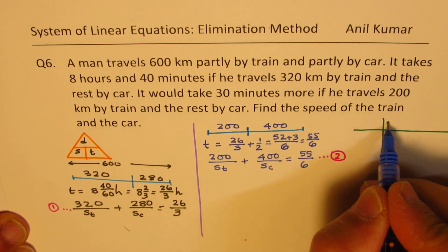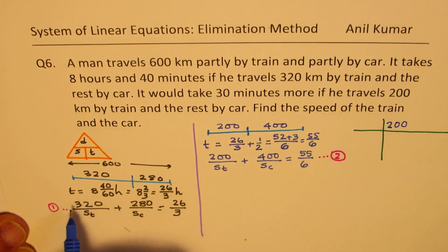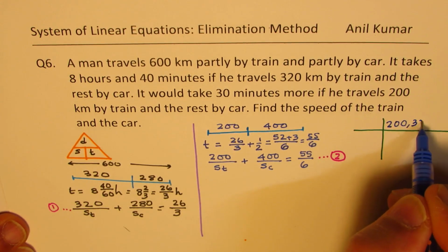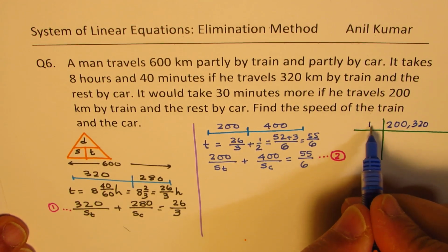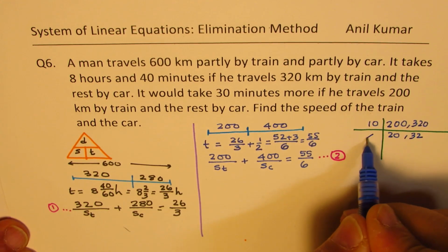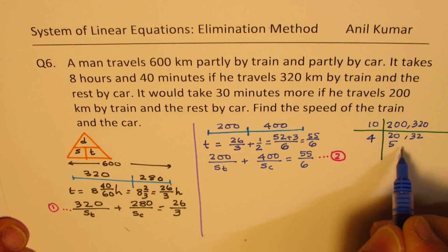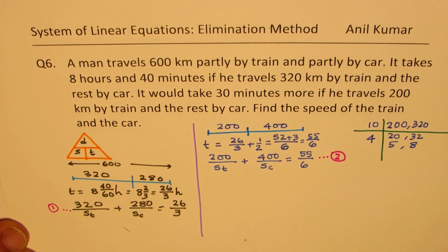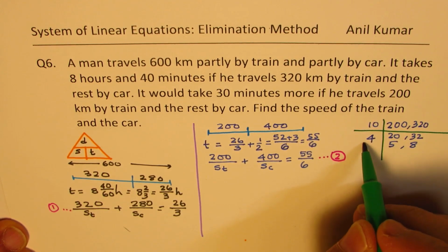We want a common multiple for 200 and 320, right? So I could divide both by 10, so I get 20 and 32. Both I can divide by 4, I get 5, right? And 8. Now we don't have anything common to take away.